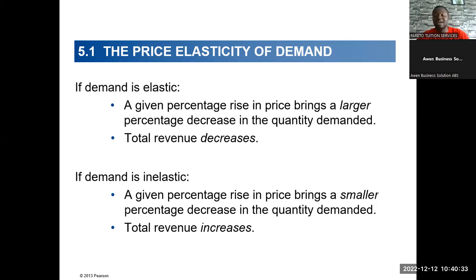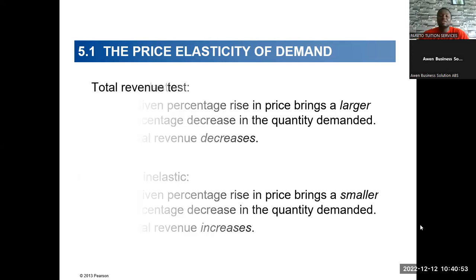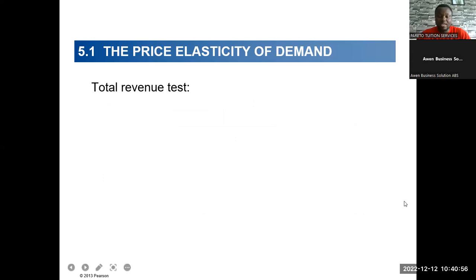Because if you increase price, the quantity demanded will fall by a very small margin. Your total revenue will go up. So if you are selling salt, don't be afraid when you increase the price, because definitely people will come and buy. Your total revenue will go up. If you are selling sugar, no matter what, you will buy it. Are we together? Yes. So that is the total revenue test that we are talking about.